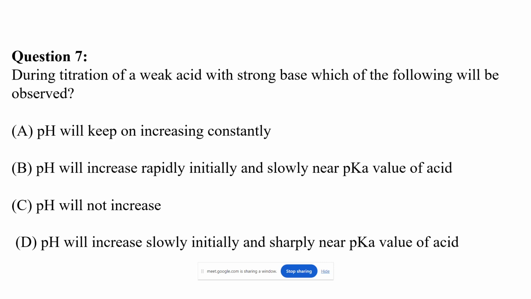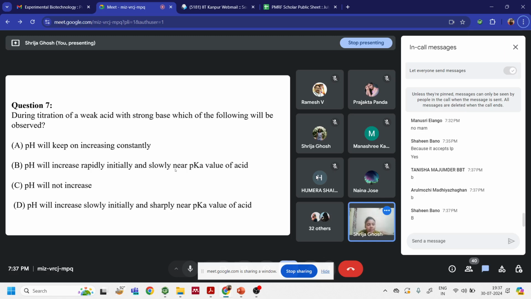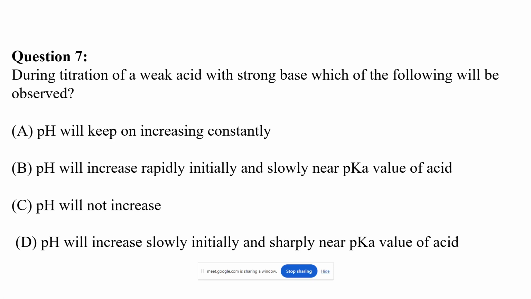So what would be the correct answer? Yeah, Tanisha says B. Okay, we have more answers here. B, pH will increase rapidly initially and then slowly near the pK value. Yes, that is the correct answer.